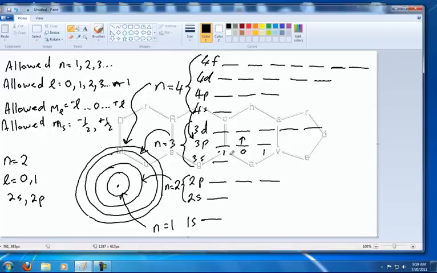Now the reason for that is because you can see as we go out, the areas around the nucleus get larger and larger. And n equals 1 can only fit one orbital type, and that's 1s because it's so close to the nucleus. N equals 2 can fit s and p, but it can't fit d because it's too close into the nucleus. 3 can fit 3s, 3p, and 3d.